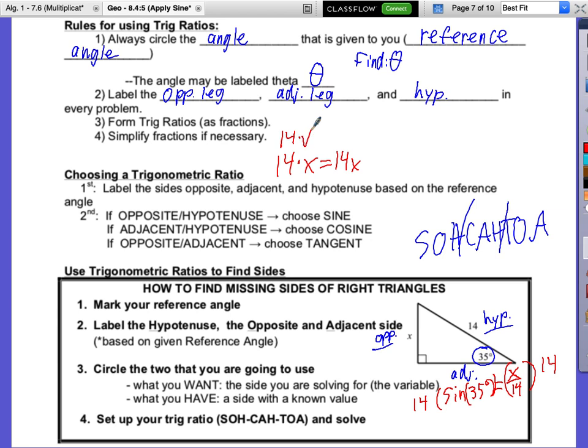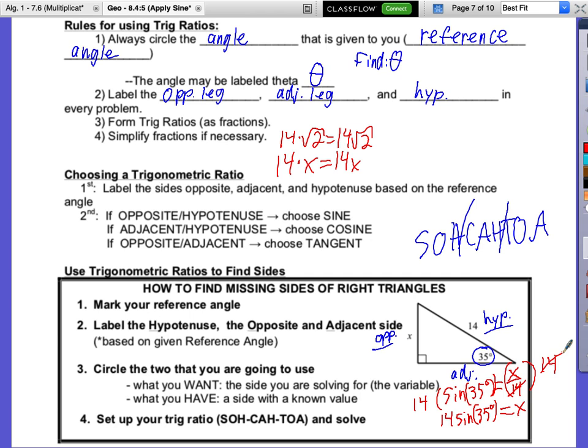If it was 14 times the square root of 2, we just push them together, right? To say they're multiplying. So we'll do the same thing here. We'll just make this 14 sine of 35 degrees. We'll push them together because sine is a function or an operation just like the square rooting is. And it's equal to just normal x now after we multiply by 14.